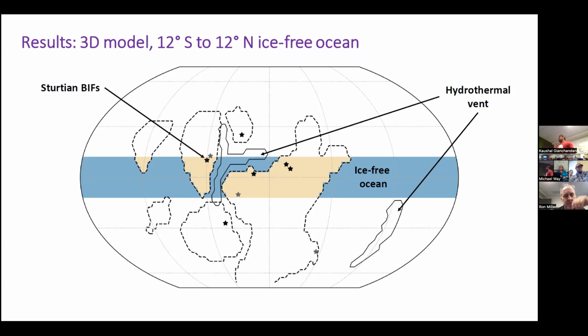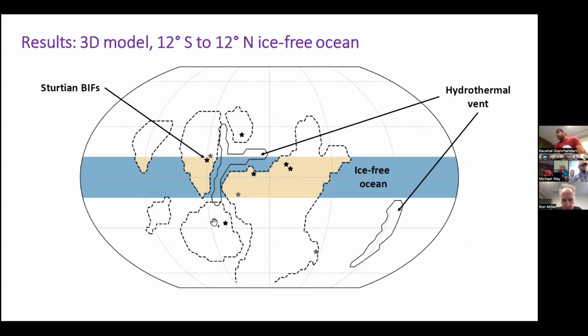In this case, the extent of the ice-free region is between 12 south and 12 north. The amount of nutrients in the ocean is 3% of the modern value. And the paleogeography is an approximate reconstruction of what it looked like during the Sturtian glaciation.